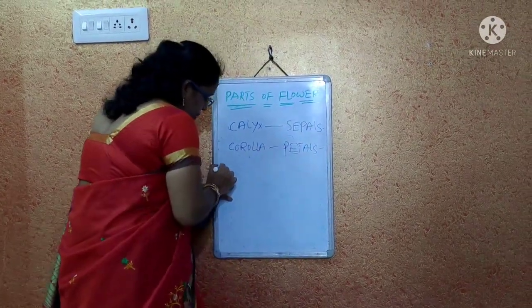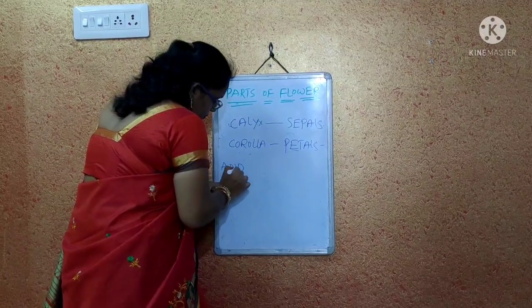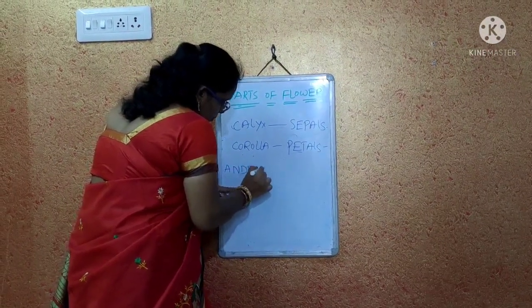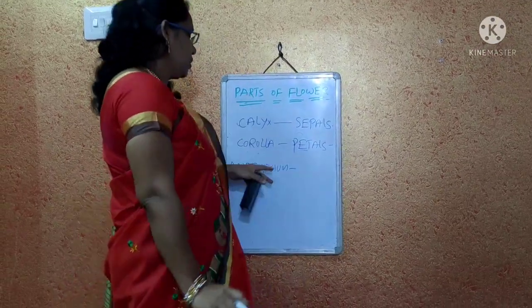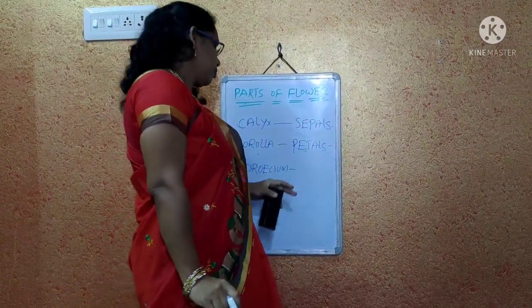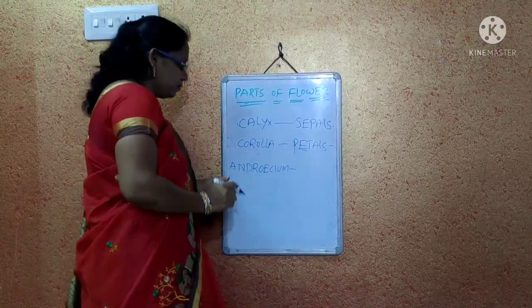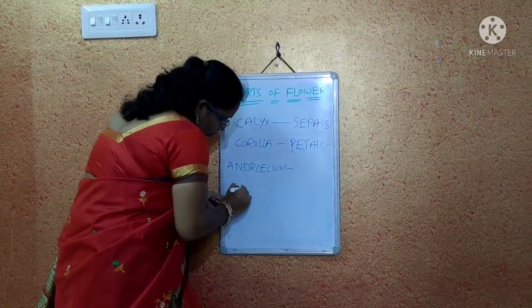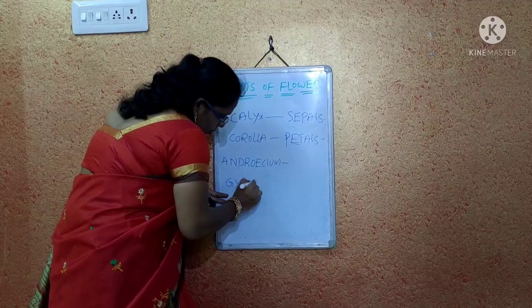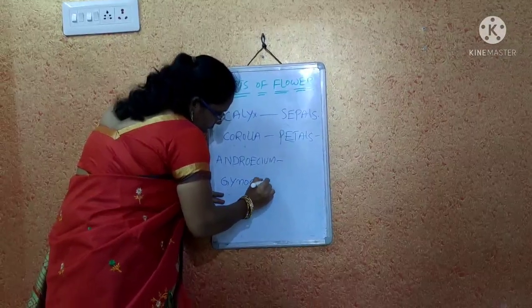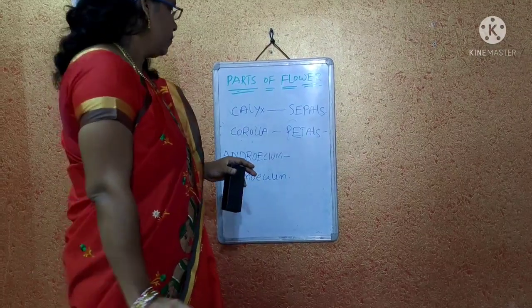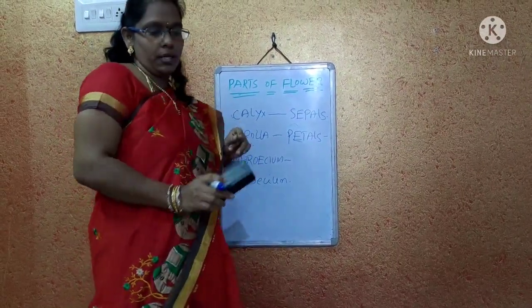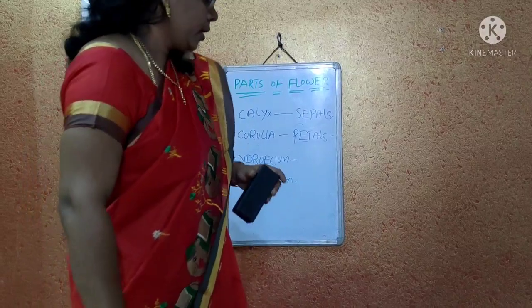Third one is androecium, the male reproductive part of the flower. Fourth one, gynoecium, the female reproductive part of the flower. These are the parts of flowers. All of you write down, children.